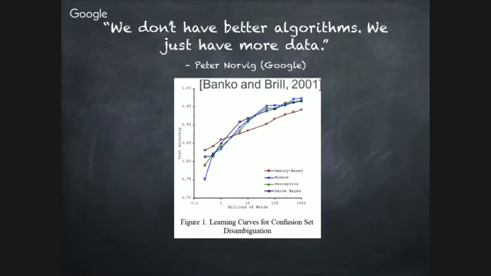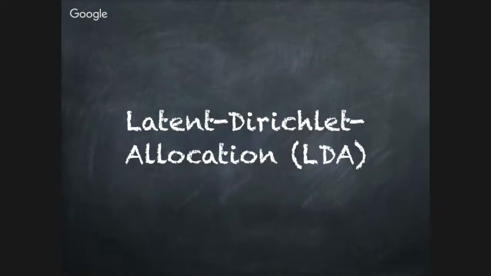So let's focus on latent Dirichlet allocation, which is a topic modeling algorithm. Latent Dirichlet allocation. What does it mean? It means that there is a Dirichlet distribution, and that it is hidden.